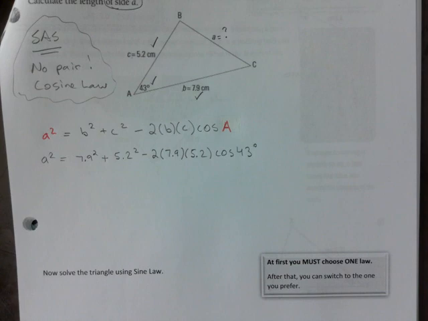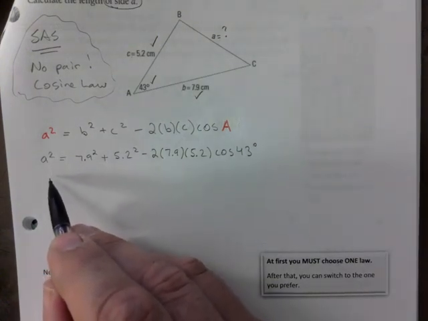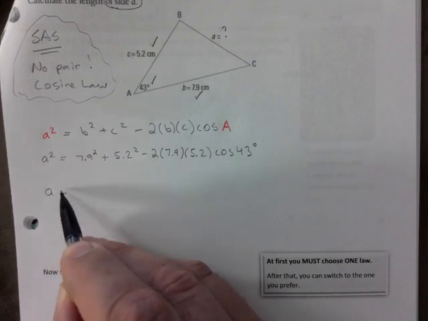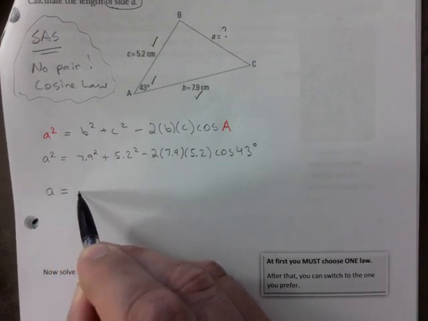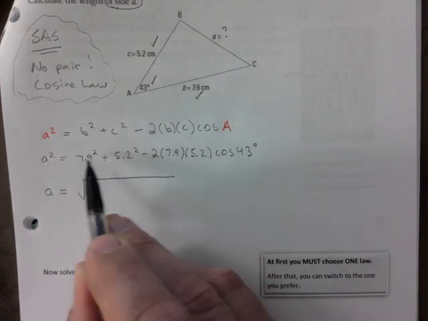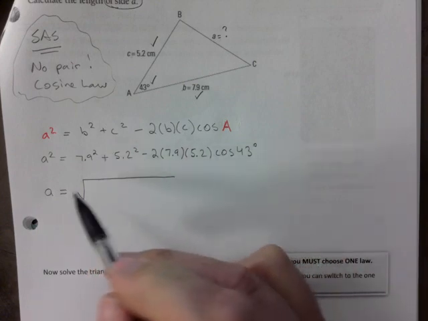Insert it, substitute it in. So watch this. Leave some space here. This is how I normally do it. A is equal to the square root of whatever I get here, because you have to square root both sides.